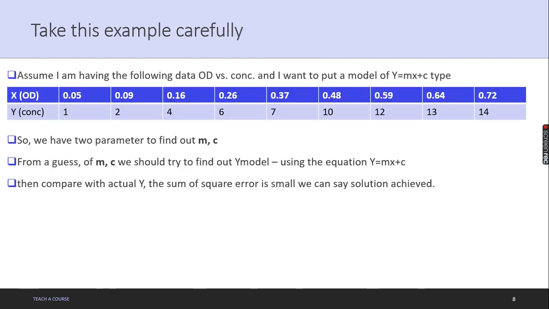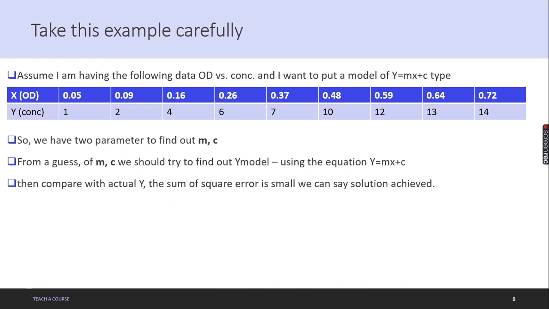Now we'll take one example very carefully. Let's see how we are using the fmincon function. We'll be showing you one Matlab file also very soon. Assume this is a really very simple regression, where biomass concentration and optical density values are given.